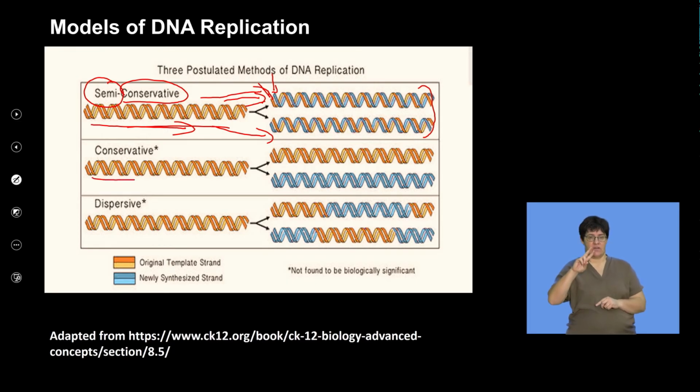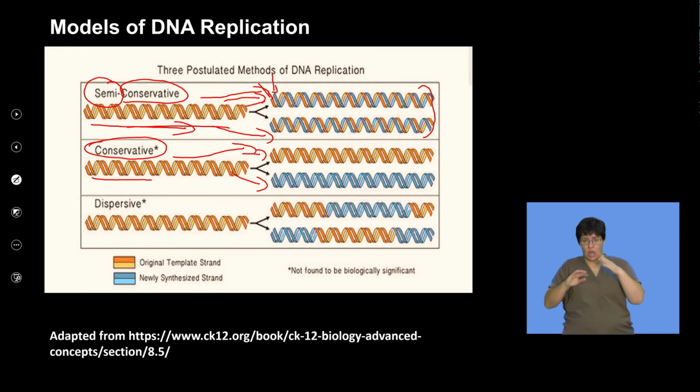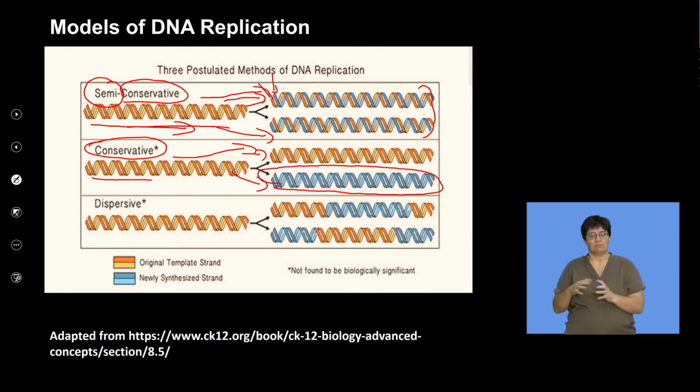The second model that we look at is the conservative model. And if you think of the word conservative, it essentially refers to keeping the old. And so the conservative model talks about DNA being replicated, where the original molecule is intact and a new copy of DNA is produced. And this strand is an entirely new strand made up of newly synthesized nucleotides put together into a form of DNA.